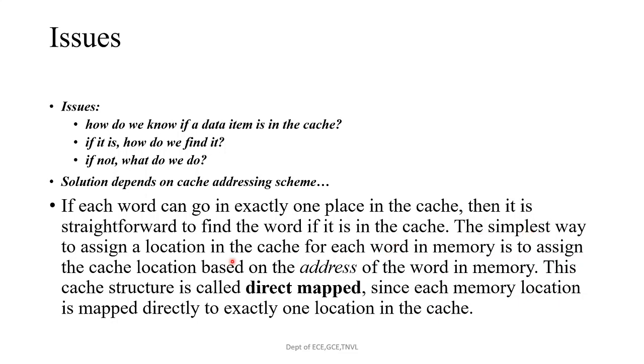The simplest way to assign a location in the cache for each word in memory is to assign the cache location based on the address of the word in the memory. This cache structure is called direct mapped, since each memory location is mapped directly to exactly one location in the cache.